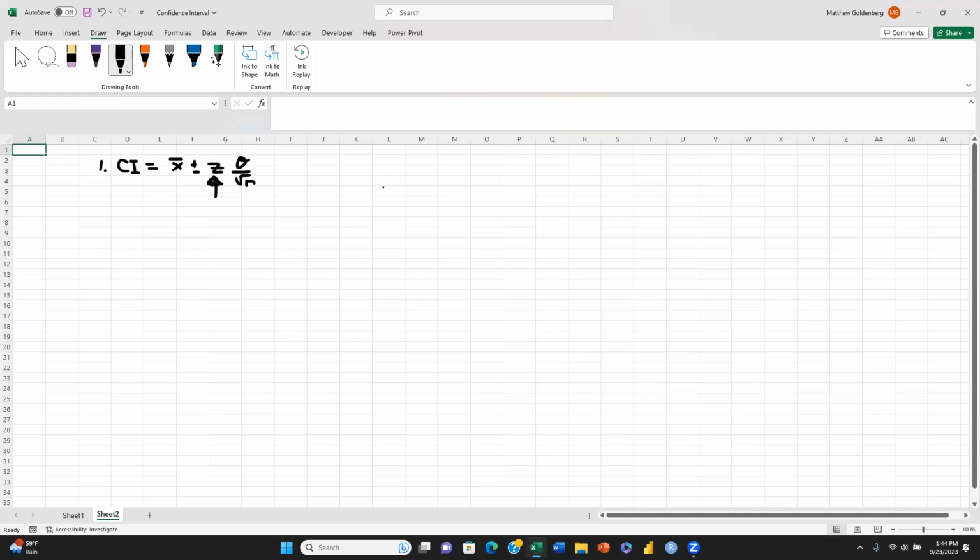The z is going to spread your interval out, because z contains a little bit of probability, so that 95 of those intervals out of 100 are going to contain your population parameter.